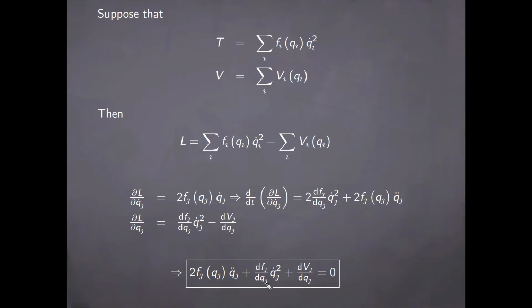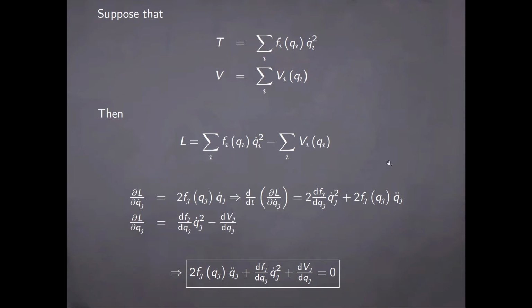This term involving the derivative of the function Fj with respect to qj and the square of the generalized velocity qj dot, and a term involving both the function Fj depending on qj and the acceleration qj double dot.